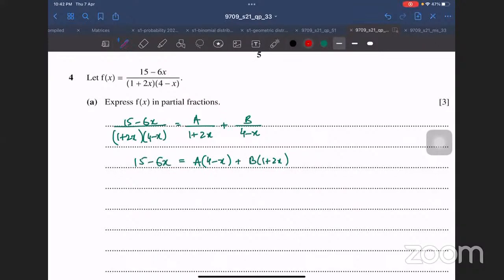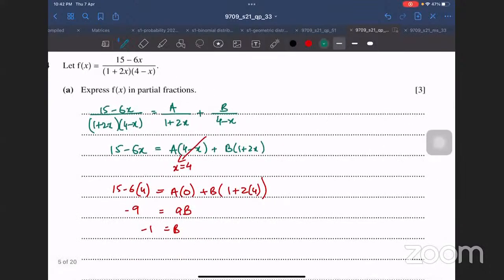Now, there are various ways to do partial fractions. I use a method called cover up where you equate the bracket to 0. So if I take x equals 4, this gets equated to 0. So b equals -1. And x equals -1/2.